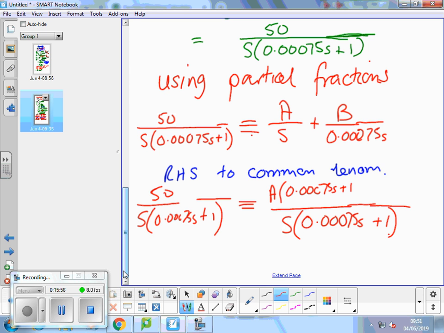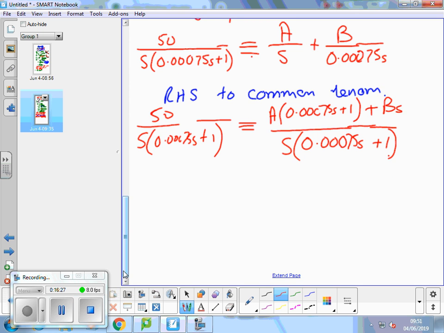Okay, and then that's going to be plus... hang on, that's plus B on, not on the end there, isn't it? Close that, plus BS there. What's the next thing in the process of solving partial fractions?